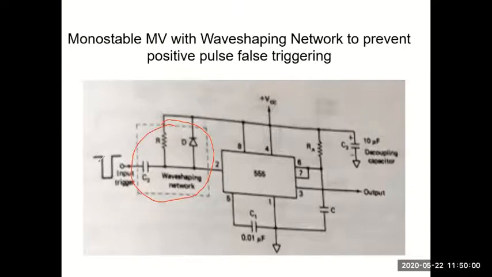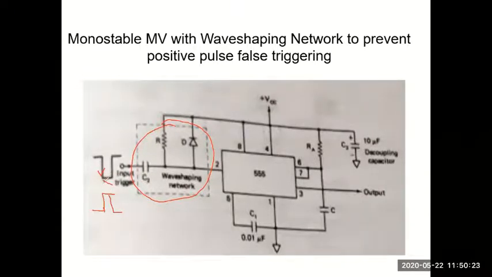Say for example, this is the input trigger pulse. It has gone low and the output, whenever it goes below 1/3 VCC, has changed to logic high. But say we have designed for a time period that is very small compared to this negative pulse width.